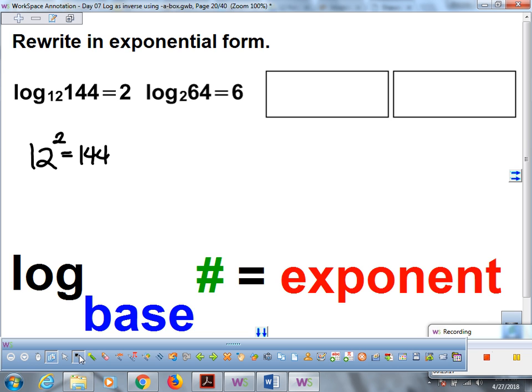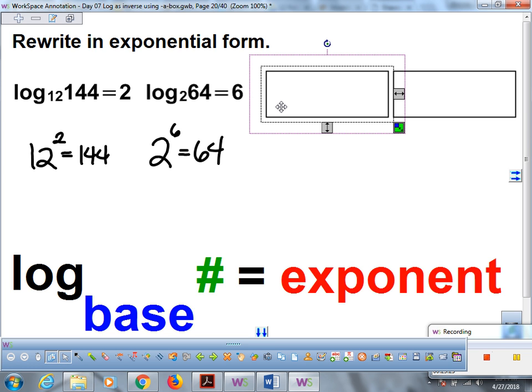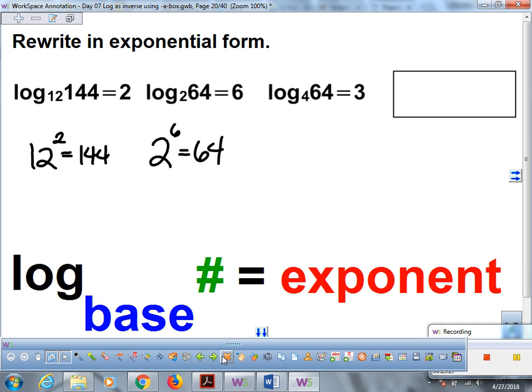Okay, so I have a base of 2 to the 6th power equals 64. Go ahead, try that one. You know you did it right, because if you did it right, then it should be correct. Does that make sense?